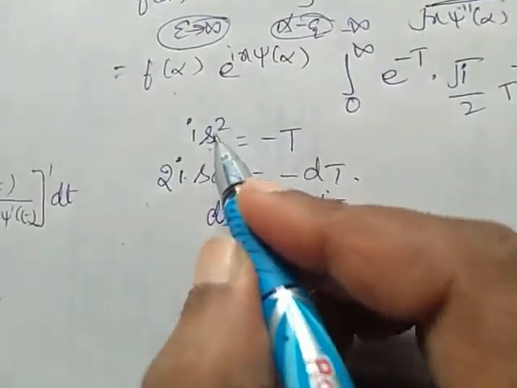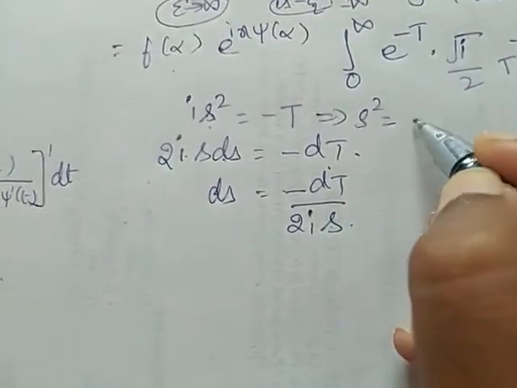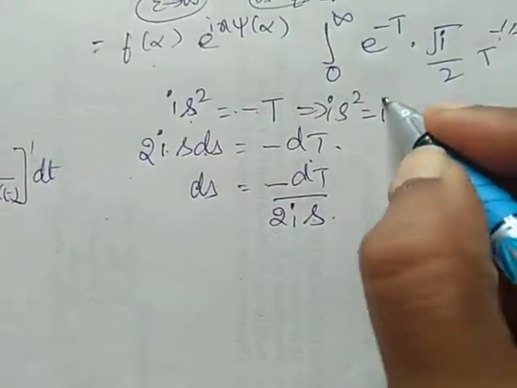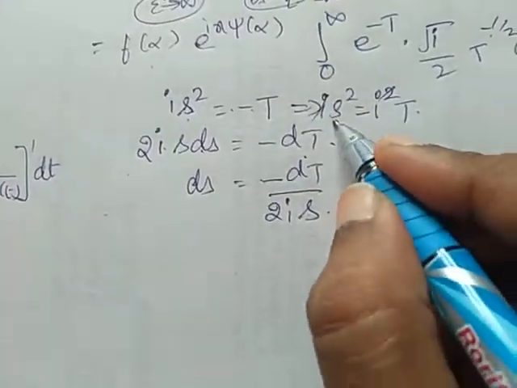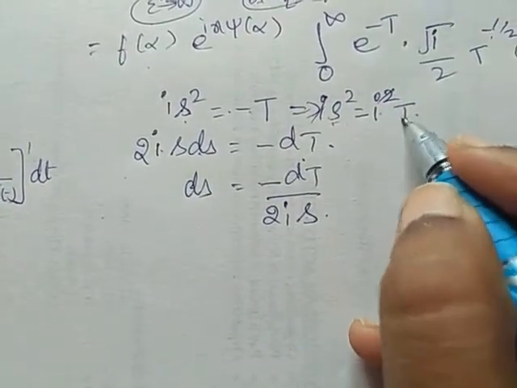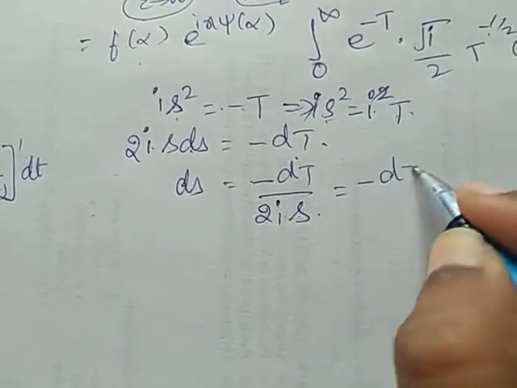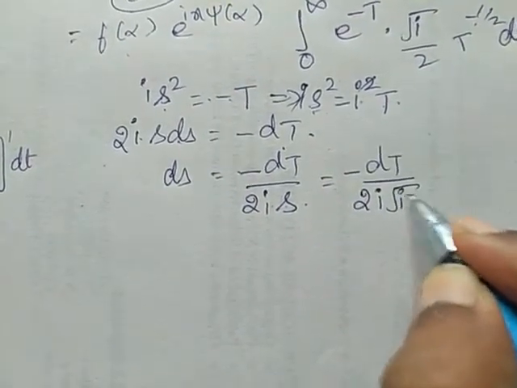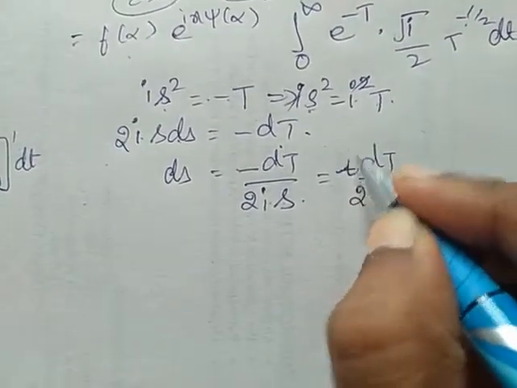So what is s? To find s, I'll write it as i s² equal to minus t, that is, s² is equal to minus 1 by i times t, which we can write as i² t. So what is s? Root of it. Therefore this becomes minus dt by 2i root of it. Minus 1 I can write as i².